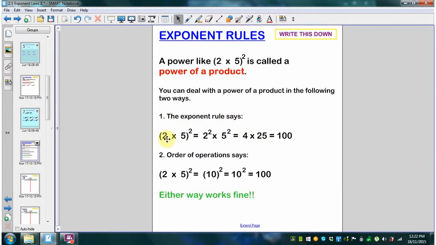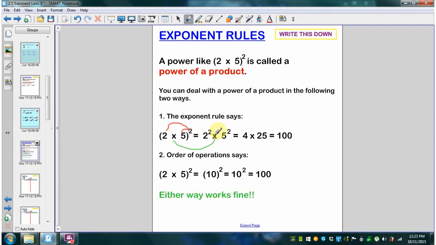Okay, and what you do is you can take your exponent here, and you can actually bring it down and make your first number to the power of that power and your second number to the power of that power. Okay, so we did that right here. 2 to the 2, kept our multiplication sign, times 5 to the 2.